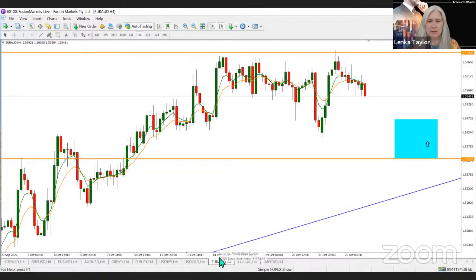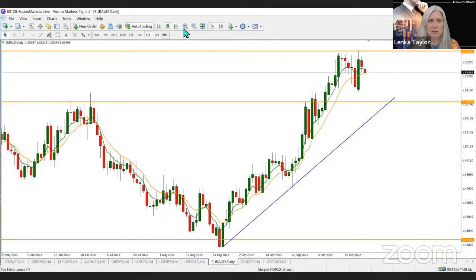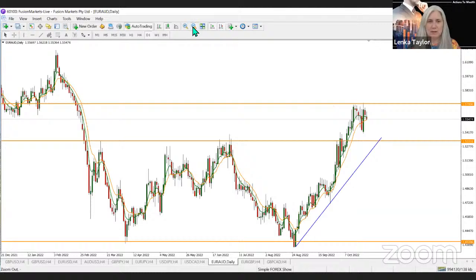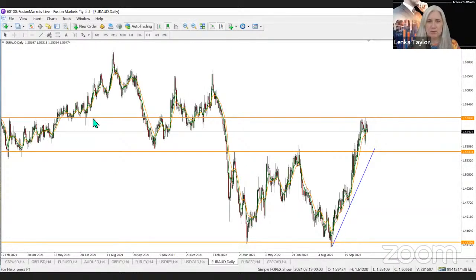Next currency pair I'm looking at is Euro AUD. And here we are in that range between the previous level of resistance and the previous level of support.